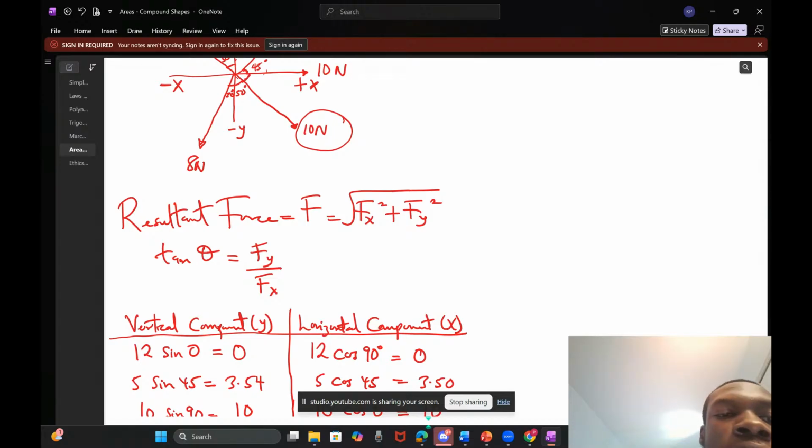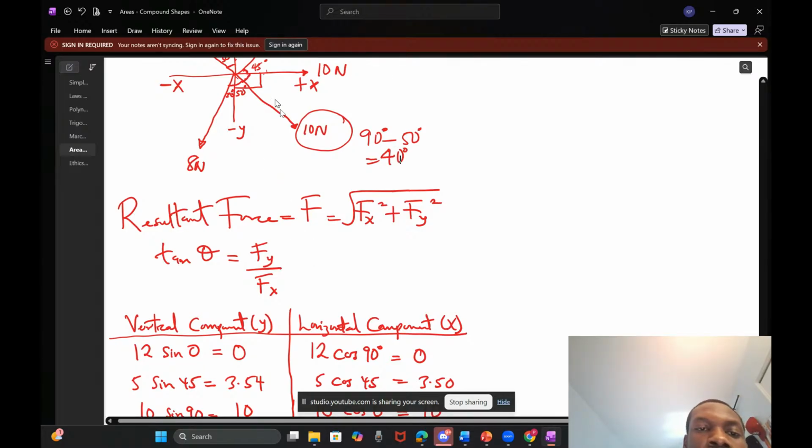So we know that the angle from here to here is 90 degrees. So that will be 90 minus 50 degrees, which is 40 degrees, right? So now this force is facing down the negative y-axis. So this will be negative 10. It will be negative 10 sine 40.